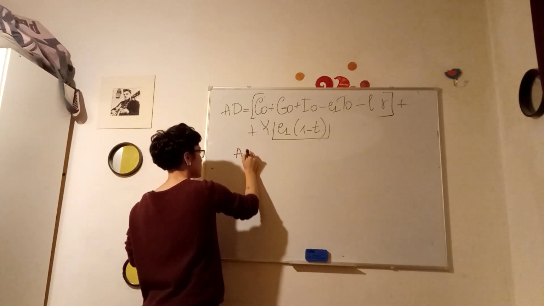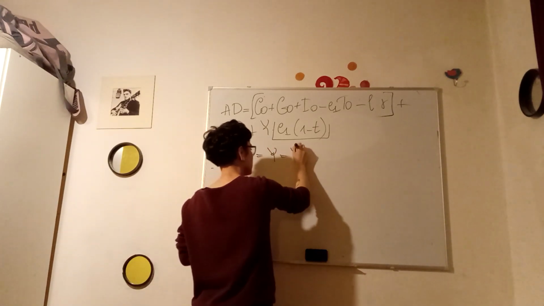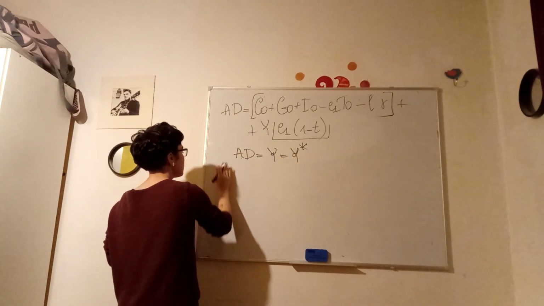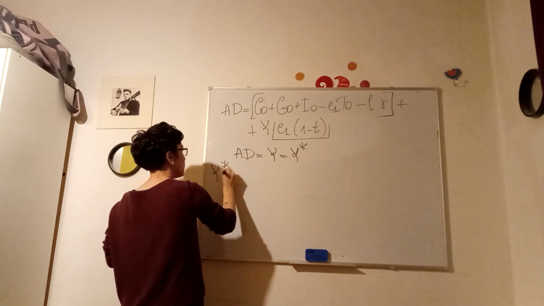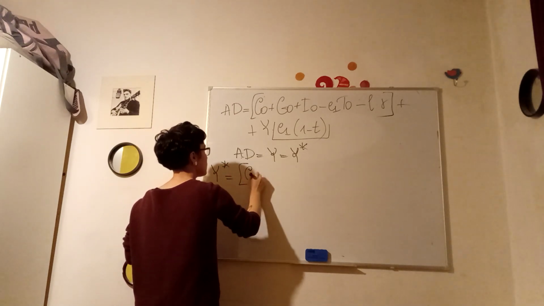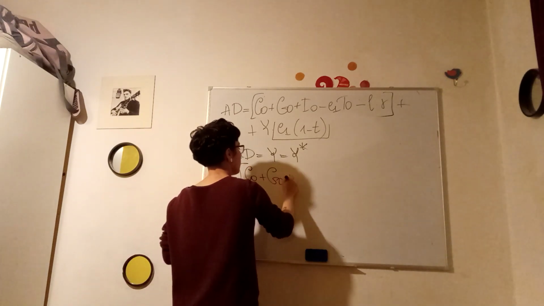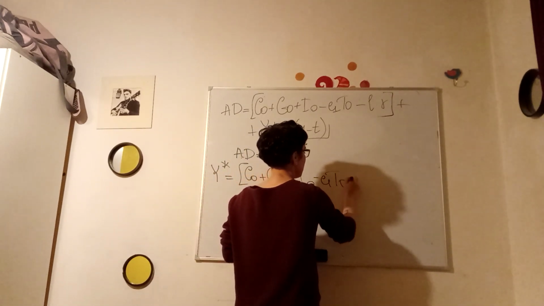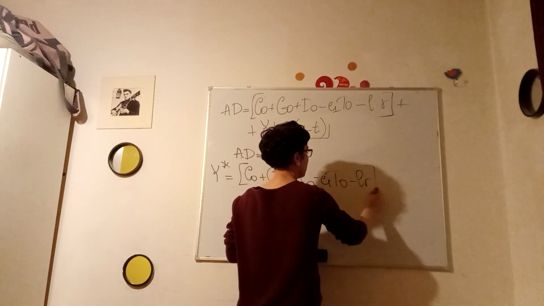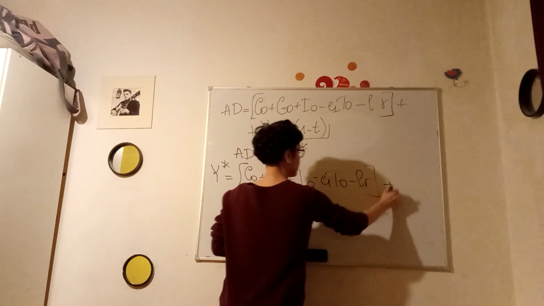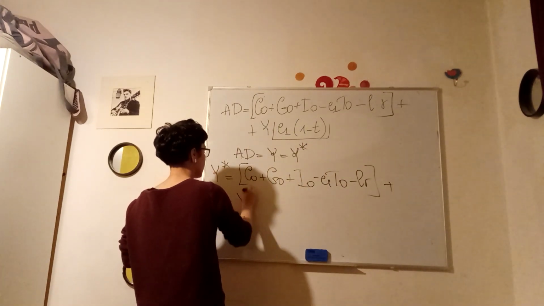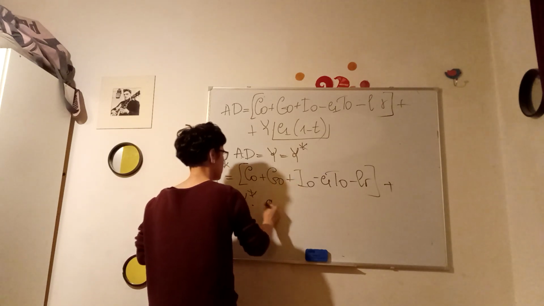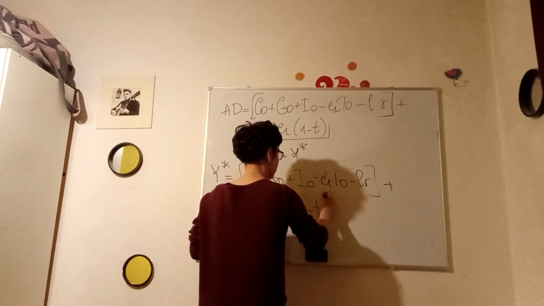Since AD is equal to Y, or equal to Y star, according to the equilibrium condition, then Y star is equal to C0 plus G0 plus I0 minus C1 times T0 minus L times R plus Y star times C1 times (1 minus T).